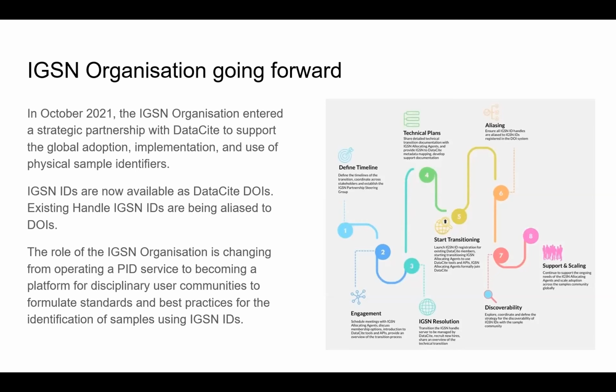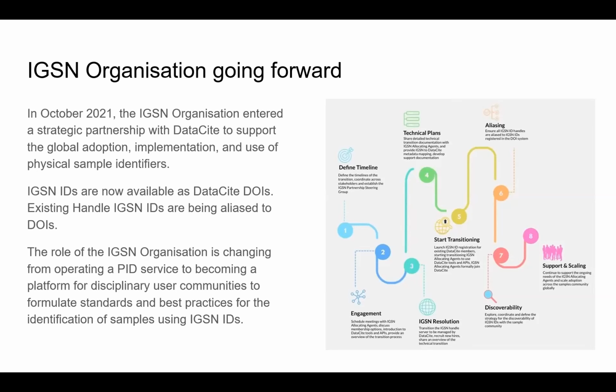And as an outcome of that, IGSN identifiers are now available as DataCite DOIs, and the existing handle IGSN identifiers are right now being aliased to the DOI system. So the old legacy handles will continue to work, but any new identifiers will be minted as DOIs.